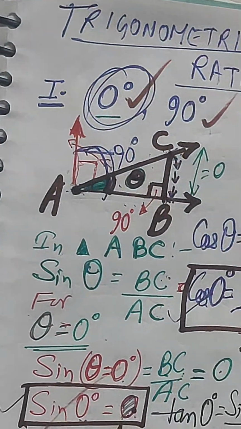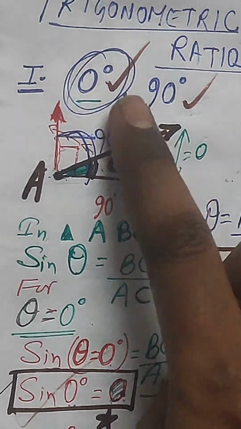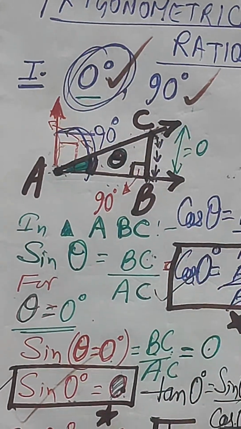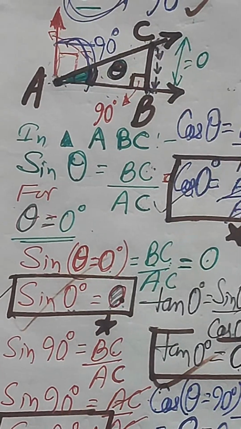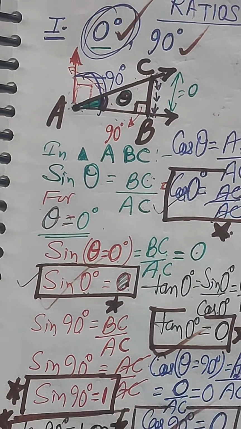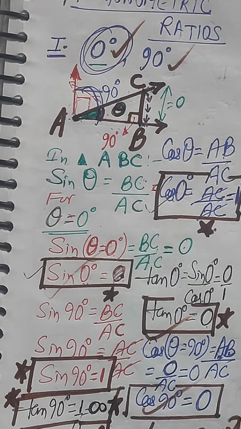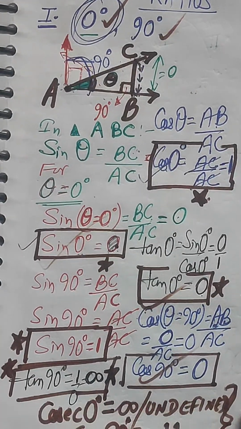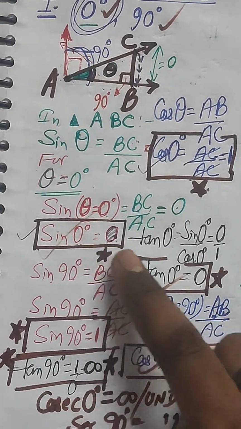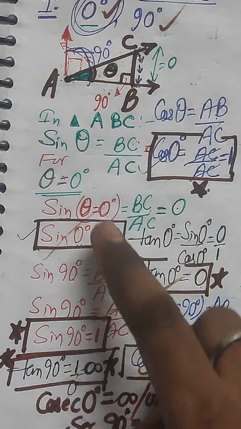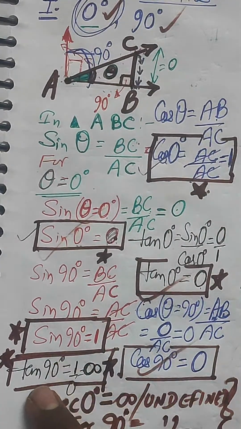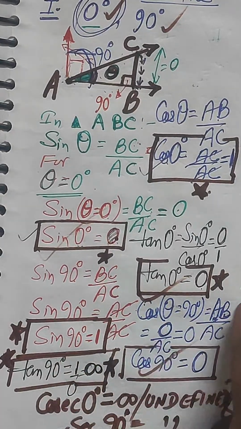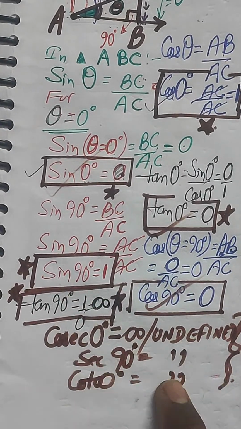I'm just quickly revising. We have also calculated for 0 degree and 90 degree, how the triangle is taken and how the different values are derived. You can see we have calculated sine 0, tan 0, cos 0 here. We have calculated sine 90, tan 90, cos 90, and even the reverse of all those.